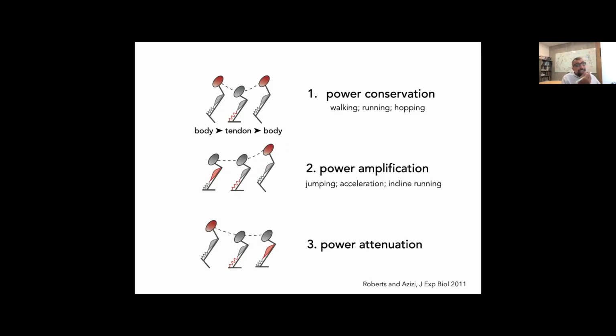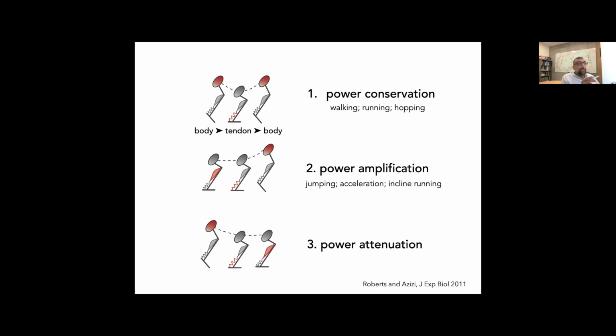Okay, so behaviors like jumping, accelerating, or incline running really rely on a combination of muscle work being transferred to the tendon and then being released onto the center of mass. The key here is muscles are going to be much more power limited than tendons are.